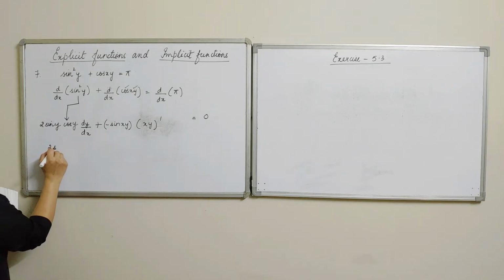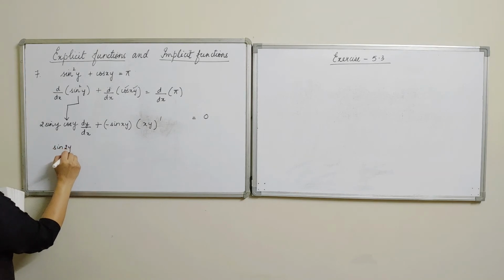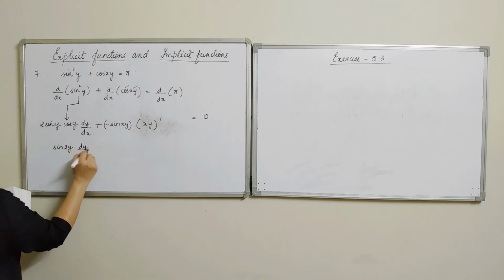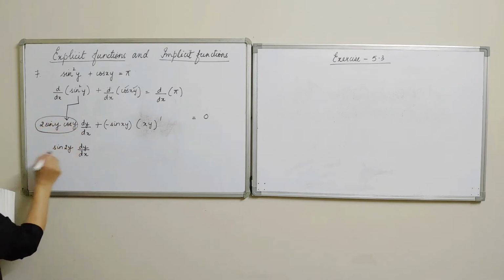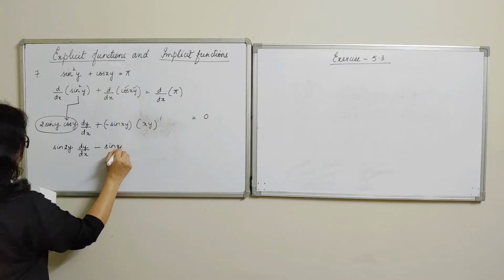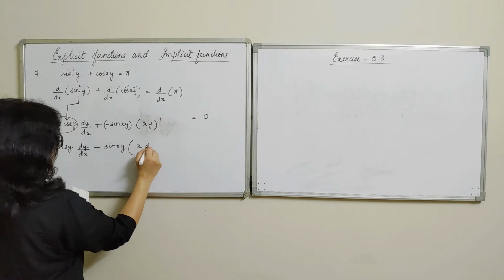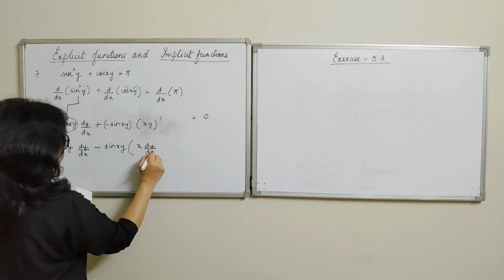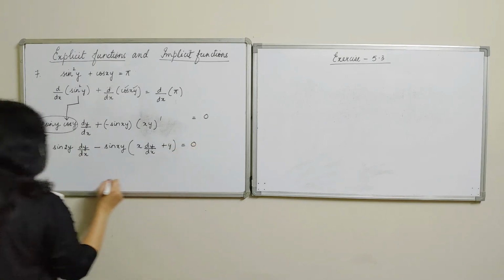So let's write down one more step here. 2 sine y cos y, if you want, can be written as sine 2y. This is a standard result: 2 sine y cos y is sine 2y. Here it is minus sine xy, and the derivative of this using the product rule would be x dy by dx plus y, and the right side is 0.